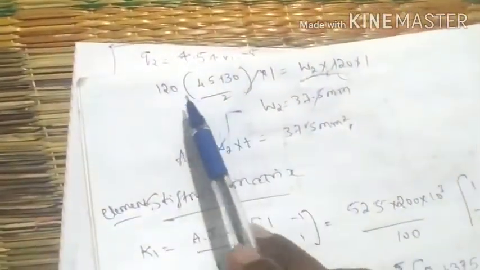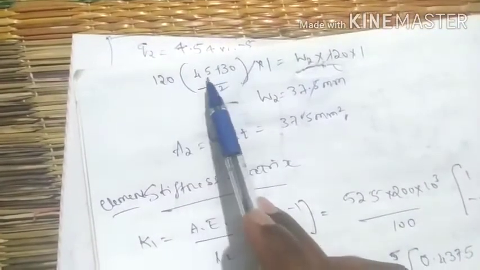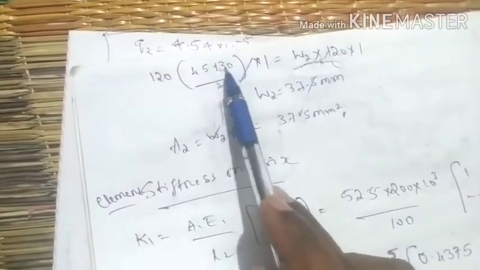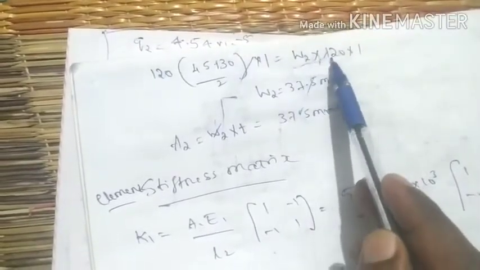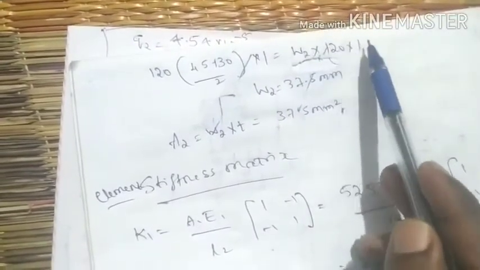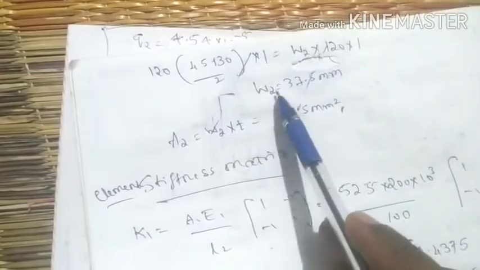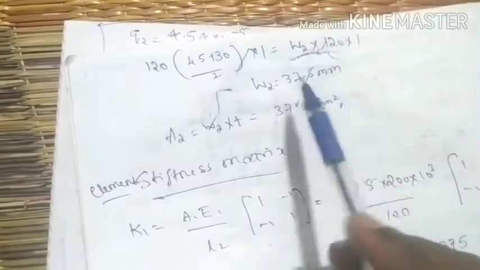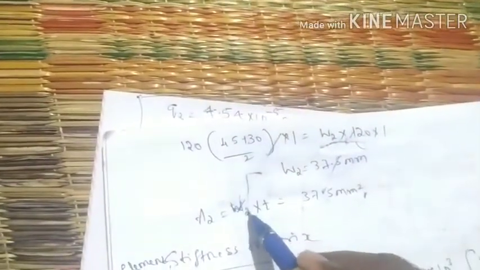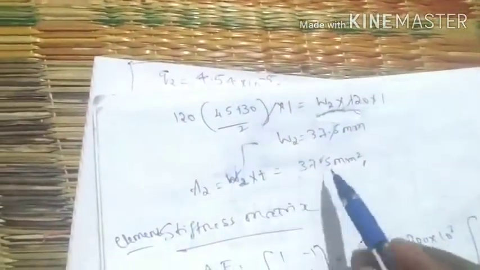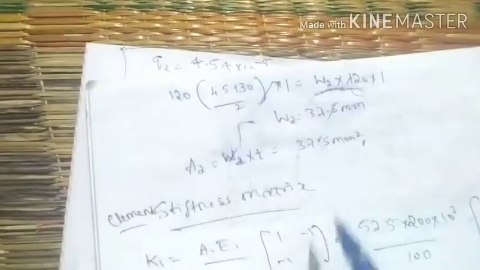Therefore the volume of this taper bar becomes height 120 into average width, that is 45 plus 30 divided by 2, into thickness 1, is equal to W2 into height 120 into thickness 1. If we solve, W2 becomes 37.5 mm and A2 becomes W2 into T, that is 37.5 mm square.